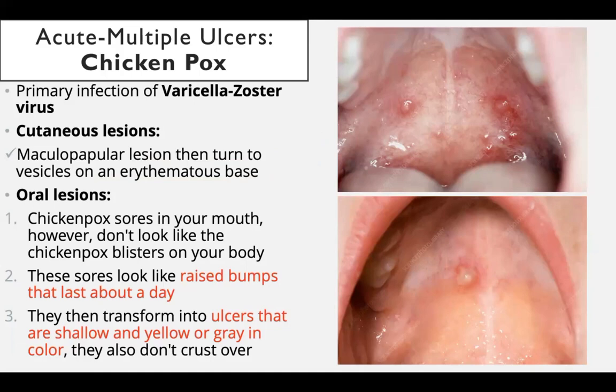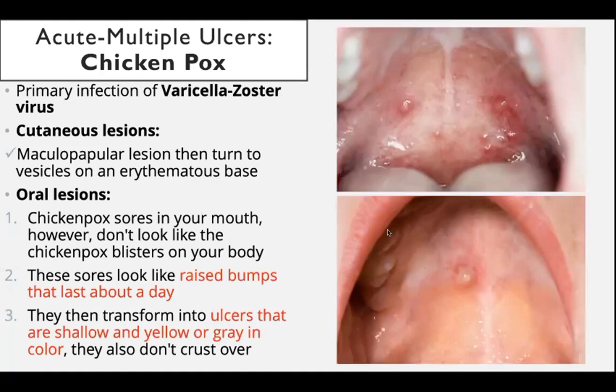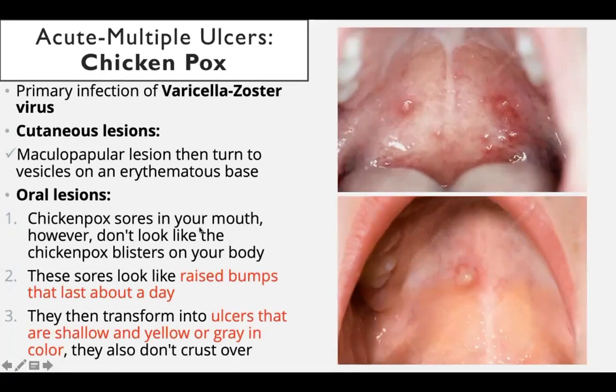We have keratinized squamous epithelium, we have hair follicles, we have sebaceous glands. So the clinical picture of the vesicles of oral chickenpox and on the body will be different. So do not confuse yourself.